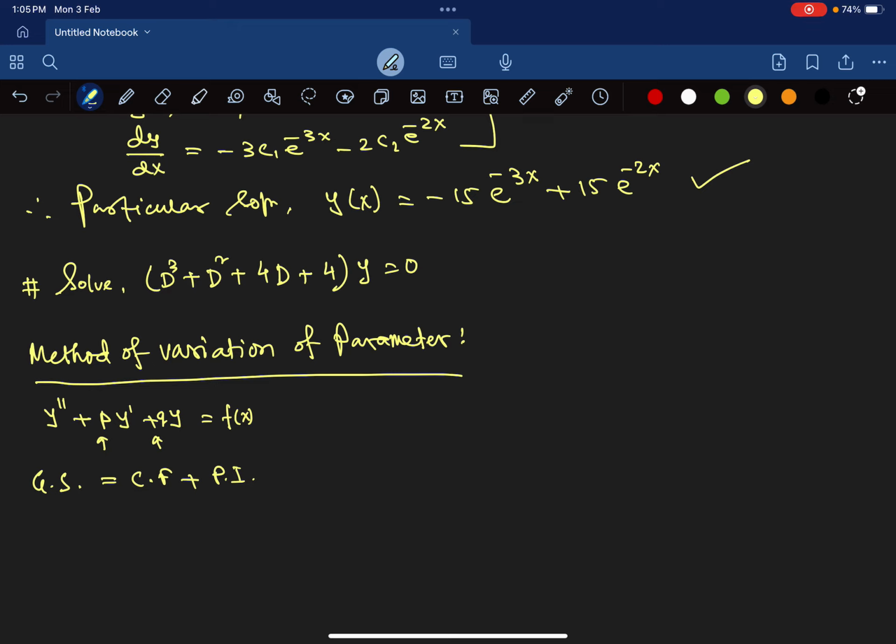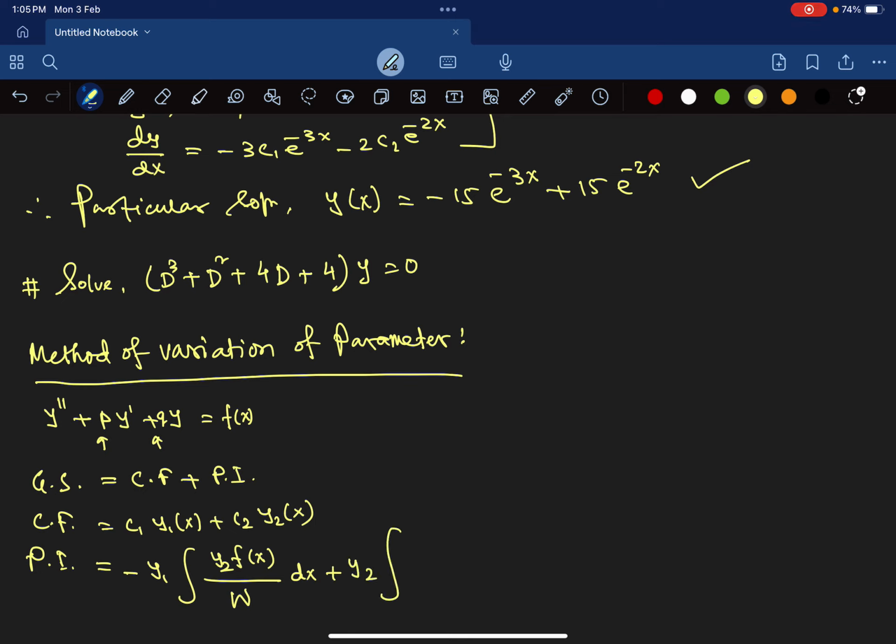CF is nothing but C1 y1(x) plus C2 y2(x), and the particular integral, as per the variation of parameter method, is given by minus y1 times the integral of y2 f(x) divided by W dx, plus y2 times the integral of y1 f(x) divided by W dx, where W stands for the Wronskian.